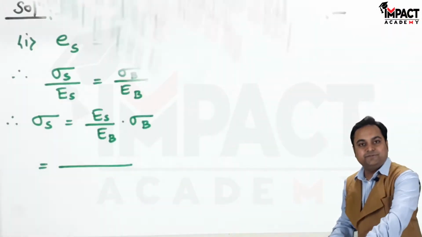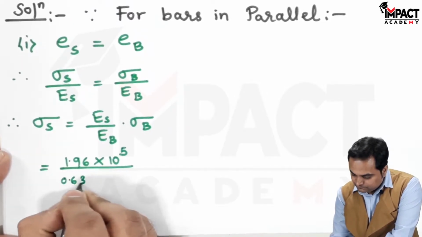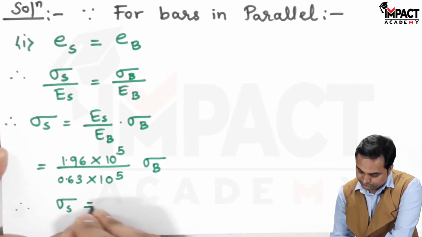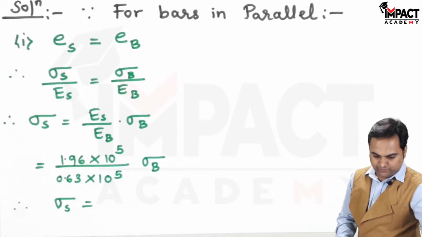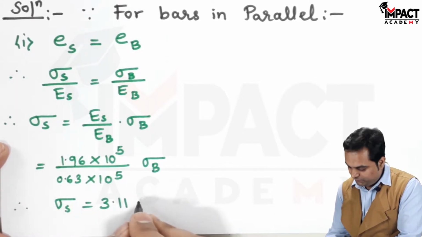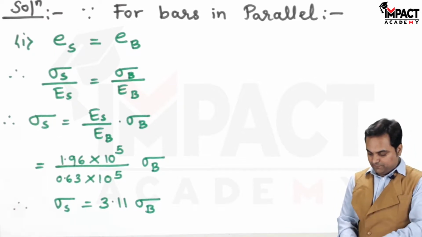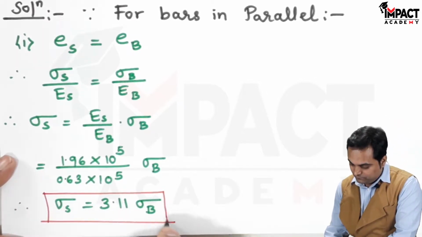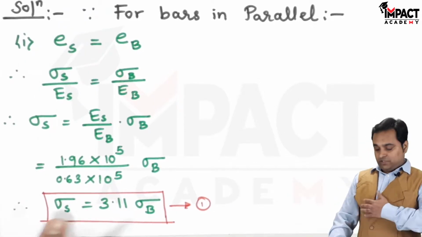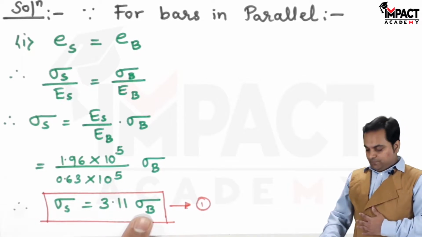I'll put their values. Sigma S comes out to be 3.11 sigma suffix b. Equation 1, that is the stress in steel is 3.11 times greater than the stress in bronze.